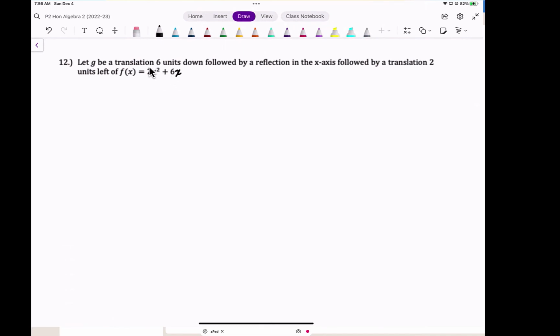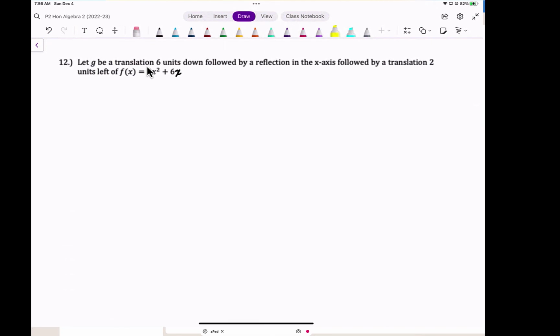But when we do these transformations, we do them in the order that they are written. They actually have this word "followed by" to let you know that no matter what, even though translations are normally last in PRST, we're going to do them in the order that they are written in the problem.